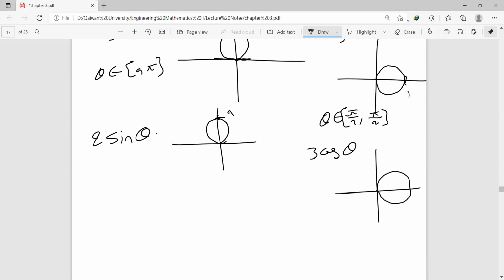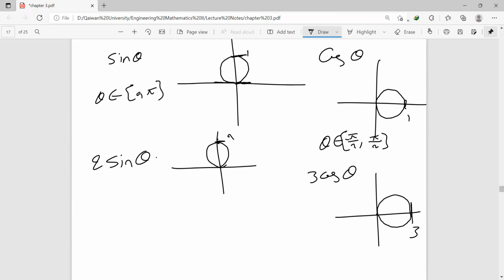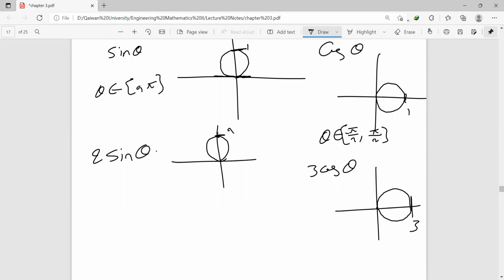What else from this is 3. It goes from 0 to 3. Yes, the angle is from minus pi over 2 to pi over 2. It's not changed.